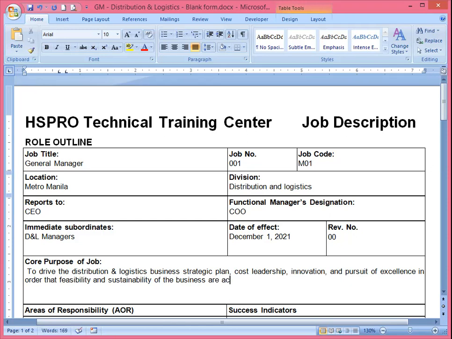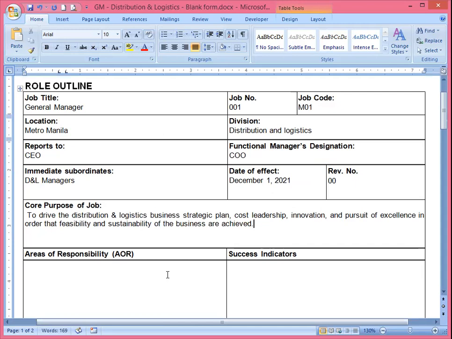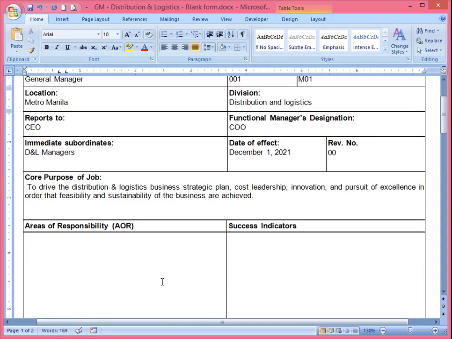Okay, I think we cover everything on this for purpose of job. So to drive the distribution and logistics business strategic plan, cost leadership, innovation, and pursuit of excellence in order that feasibility and sustainability of the business are achieved. So that would be his purpose in having the job or in being entrusted with the resources by the organization.